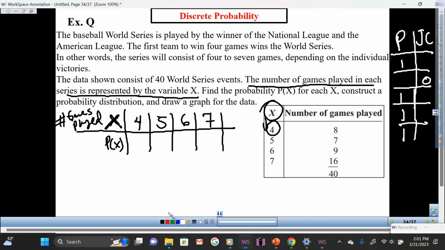Okay, so let's find the probability, P of x. Y'all ready? So in 40 World Series, here it says there's 40 of them that have been played. How many series only played 4 games? Let's see how many only played 4 games. 8. So what would be that probability for only 4 games? 8 over 40. That is correct.